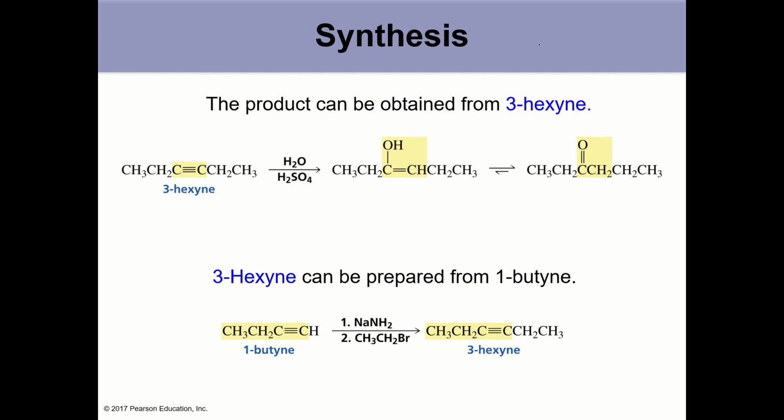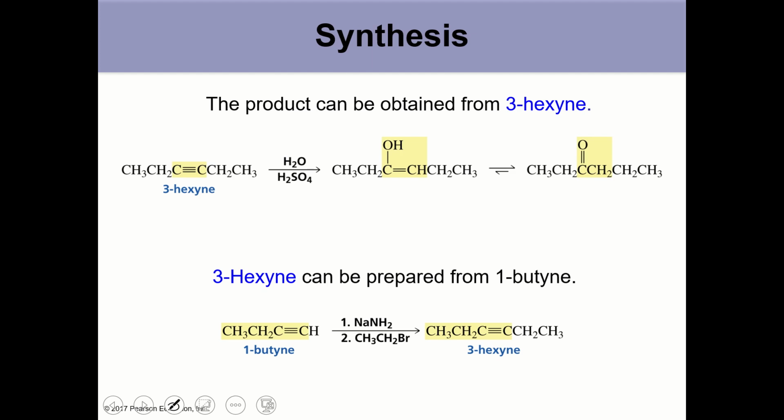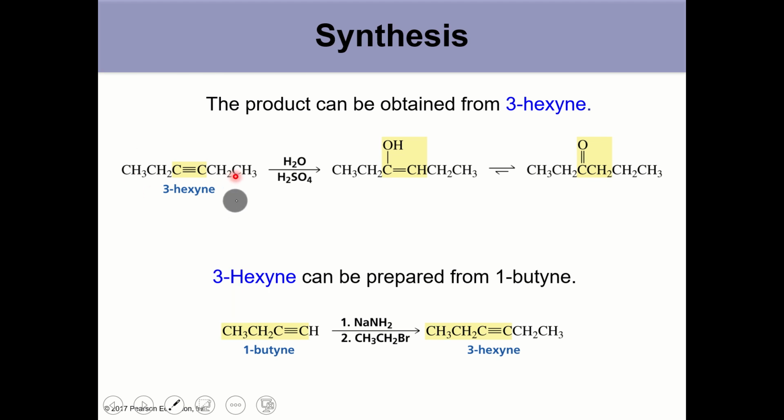So looking at your book's suggestions, they're saying, okay, the product can be obtained from 3-hexyne, the alkyne that we made. So we have our 3-hexyne, and through acid-catalyzed hydration, we can make the desired ketone.